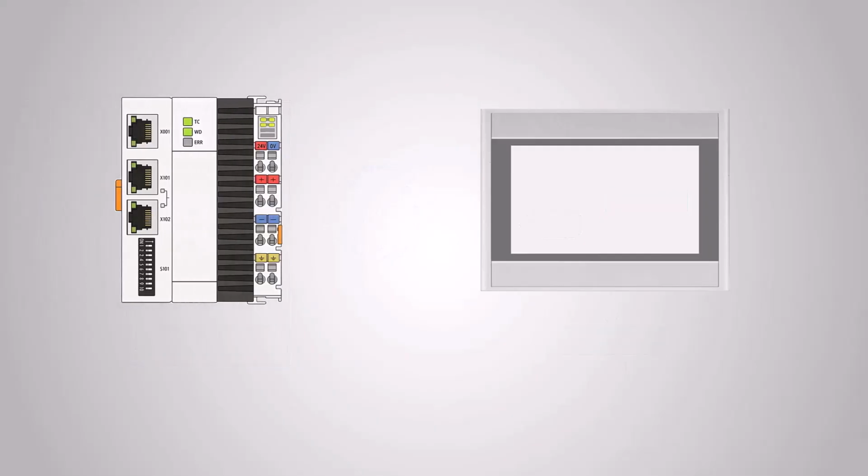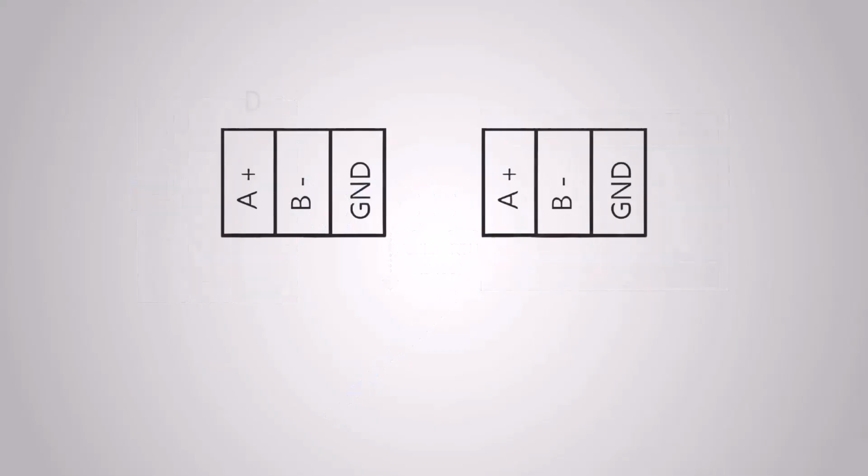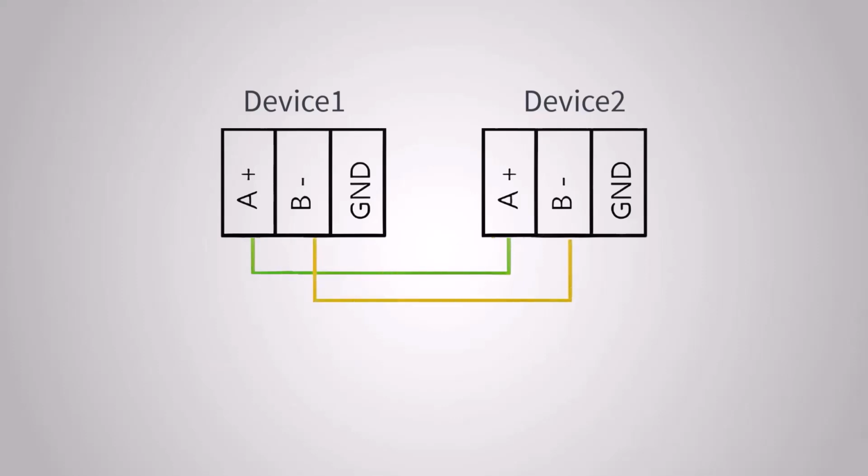Now let's look at the physical wiring. For serial communication using Modbus RTU over RS-485, one of the most common setups, use shielded twisted pair cable. Connect A+ to A+ for the data plus line and B- to B- for the data minus line. Include a GND reference wire to improve stability.